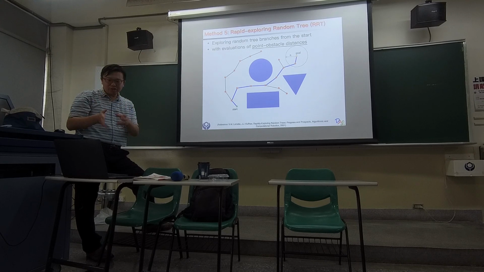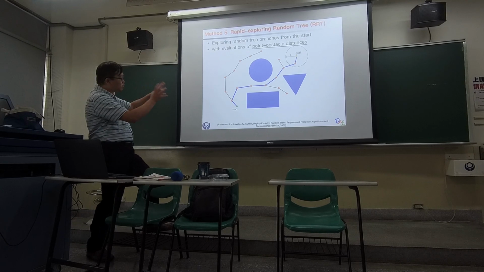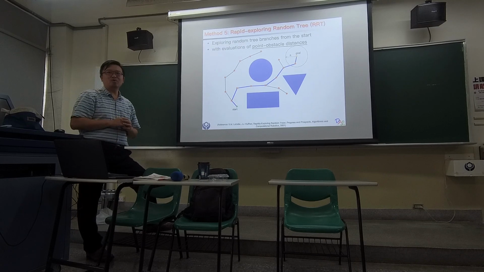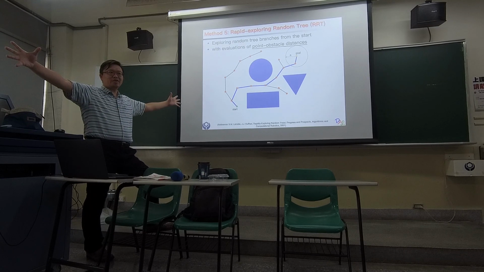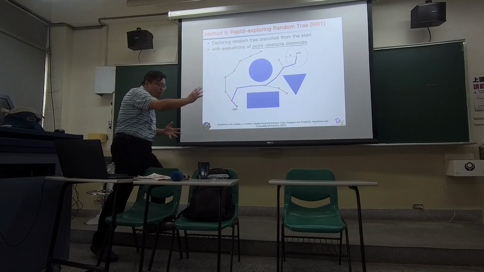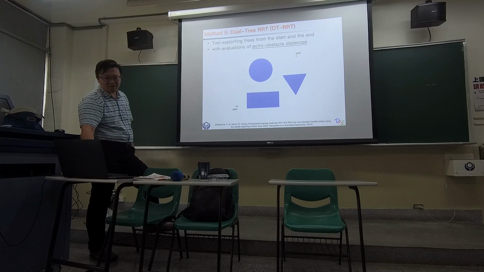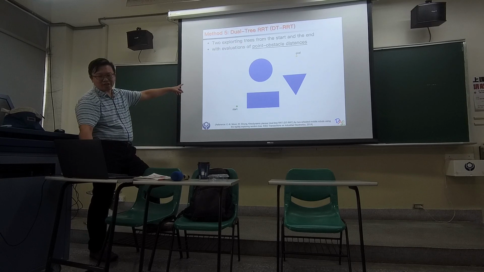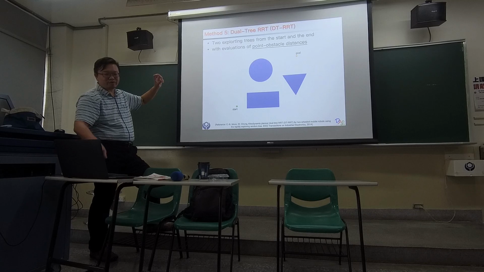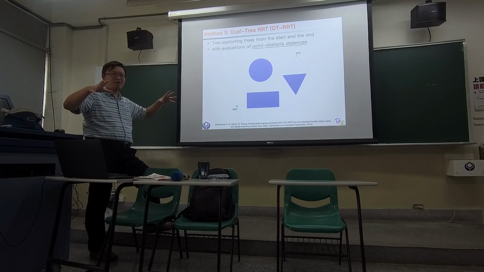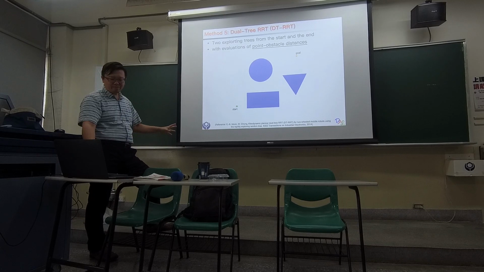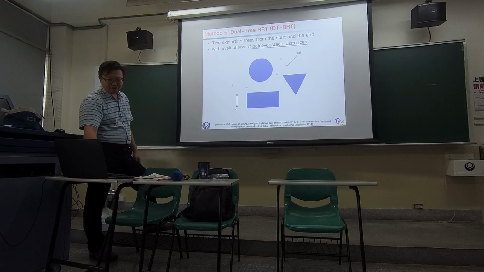So researchers believe that with this way, you don't need to explore too large a space. You can go through a smart trajectory. Then someone tried this dual-tree RRT. Same idea, but they have two branches starting from both the starting point and the end point, like this.